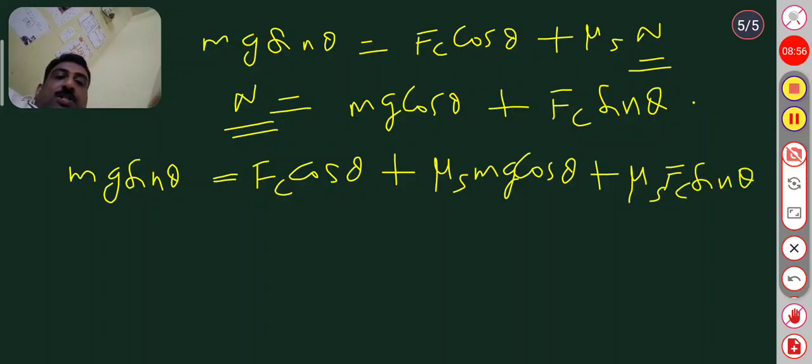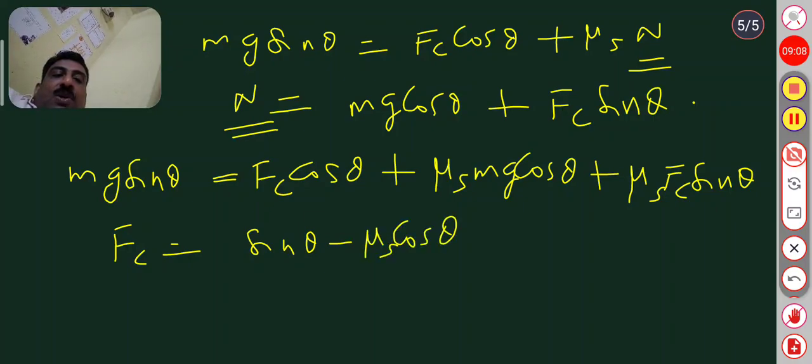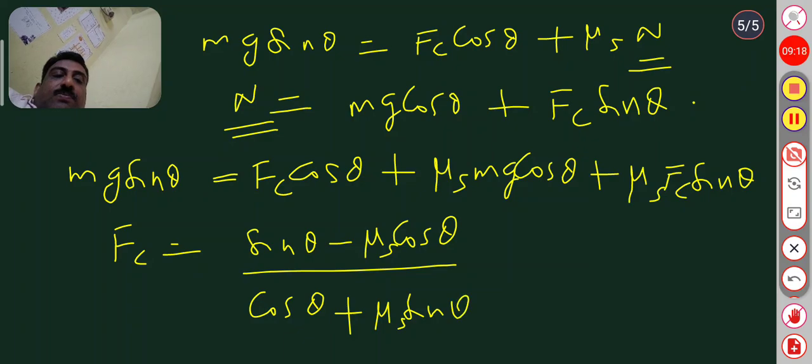If you solve this, you can eliminate Fc from this. So Fc you will get as sine theta minus mu s into cos theta, whole divided by cos theta plus mu s into sine theta, whole multiplied by mg.